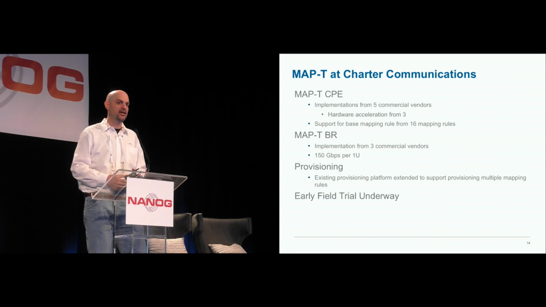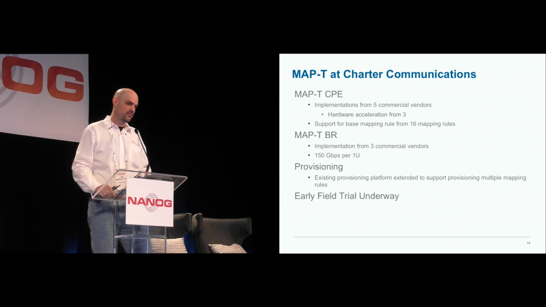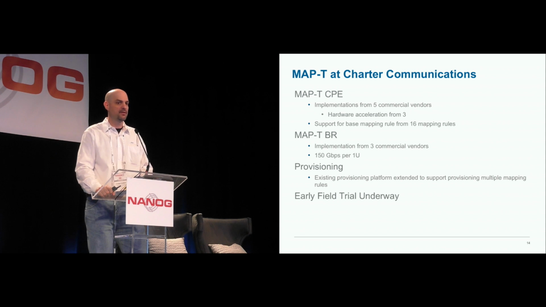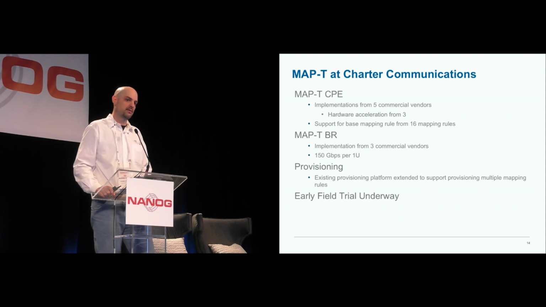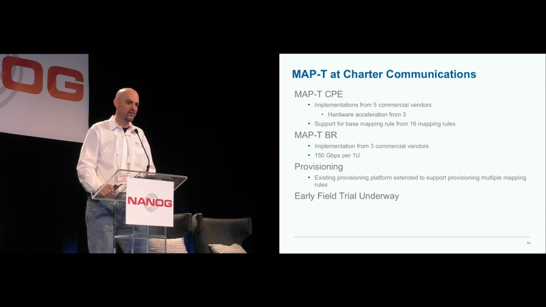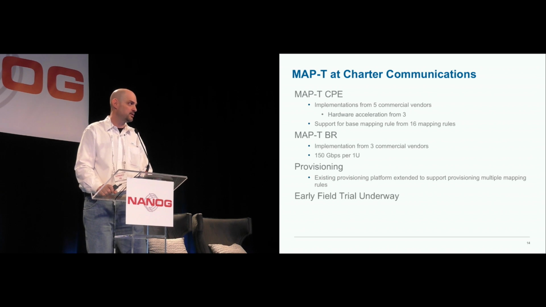MAP-T at Charter Communications. This is the work that we've done so far and where we're at. We have implementations from 5 commercial vendors, a number of whom people would recognize in this room. We have hardware acceleration from 3, and we are able to get gig rate throughput with those. They also support base mapping rule from 16 mapping rules.